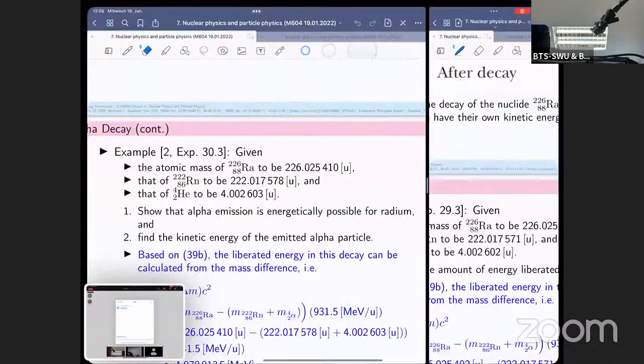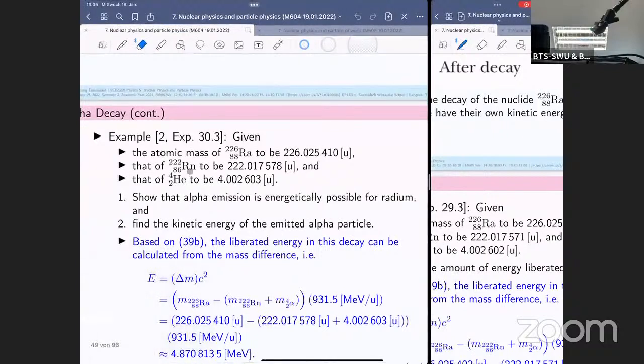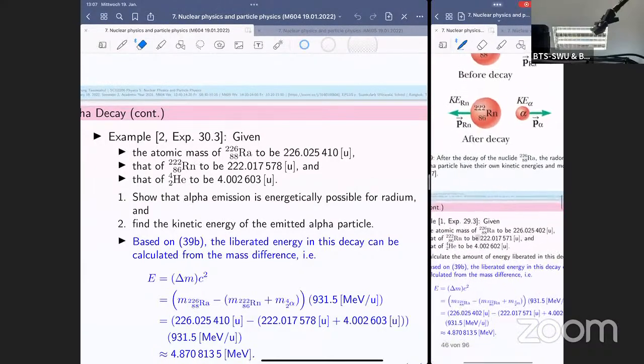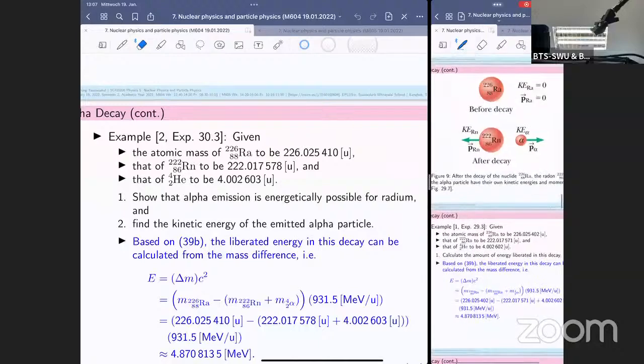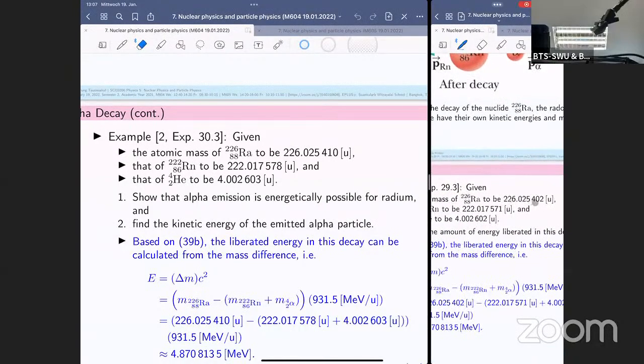We go again to our lecture. This is taken from book number 2, and the atomic mass of radium-226 is a little bit different. From book number 1, the atomic mass of radium-226 ends in 402, but this one is 410.